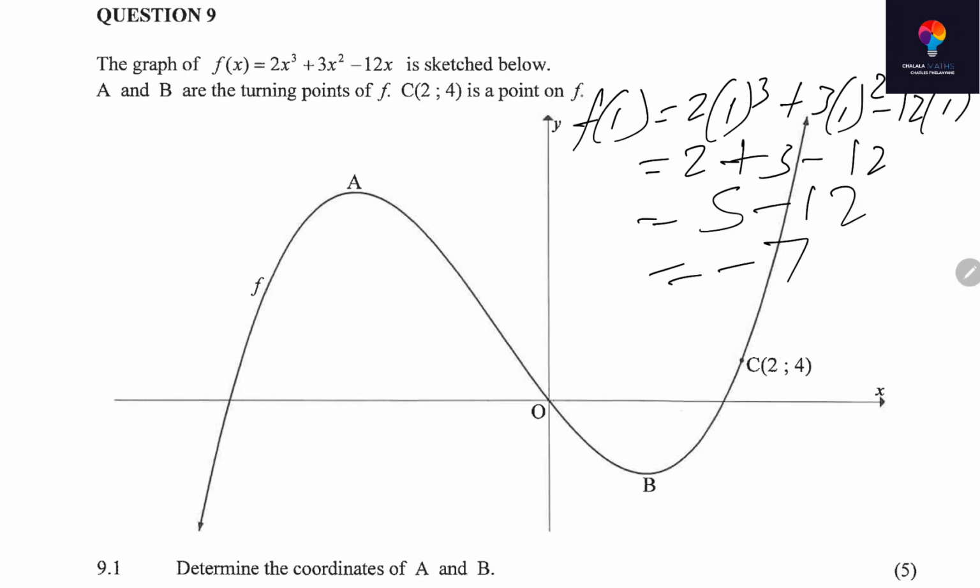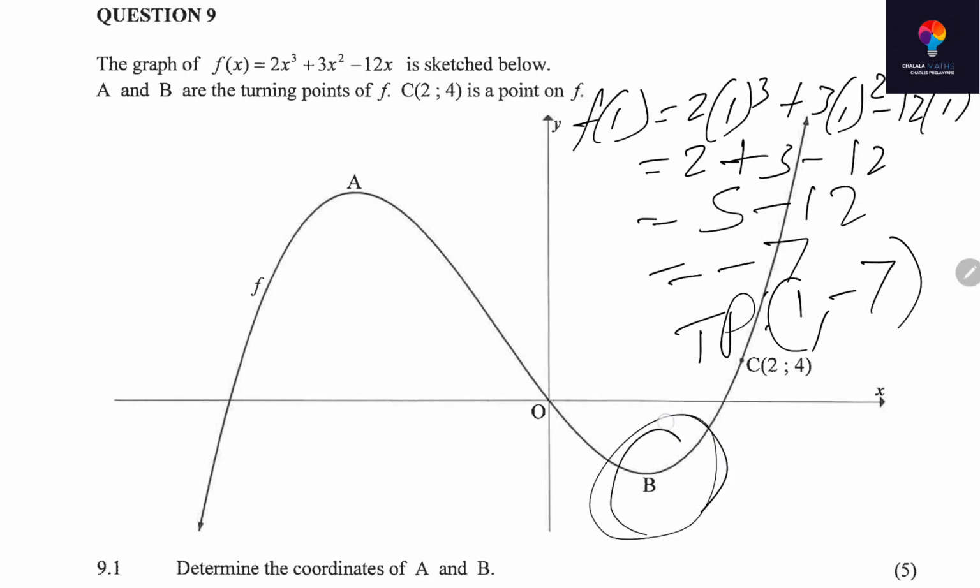So one turning point will give us 1 and minus 7. And guess what? 1 and minus 7 will obviously give us B.